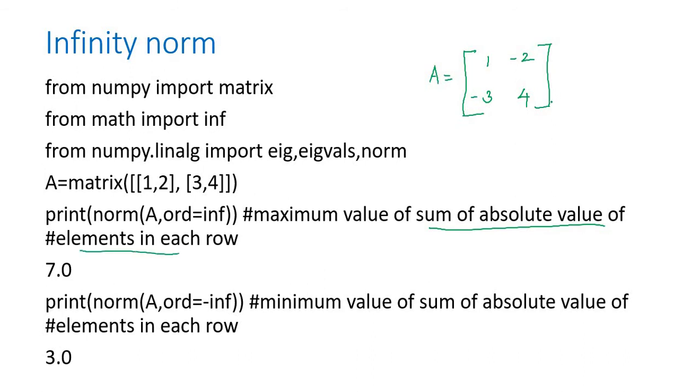First row: absolute of 1 plus absolute of minus 2, this is 3. Second row: absolute of minus 3 plus absolute of 4, which is 7. Then the maximum of these two, 7 is the maximum. So if I give the order infinity, it will give the maximum. If I give the order minus infinity, it will give the minimum value.